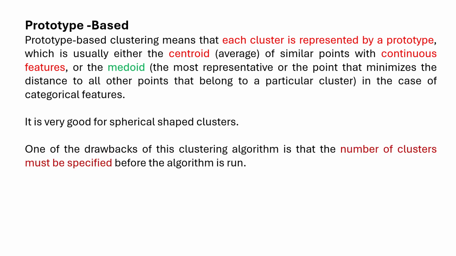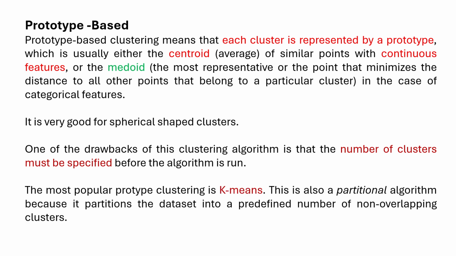One of the drawbacks of this clustering algorithm is that the number of clusters must be specified before the algorithm is run. The most popular prototype clustering is k-means. This is also a partitional algorithm because it partitions the dataset into a predefined number of non-overlapping clusters.